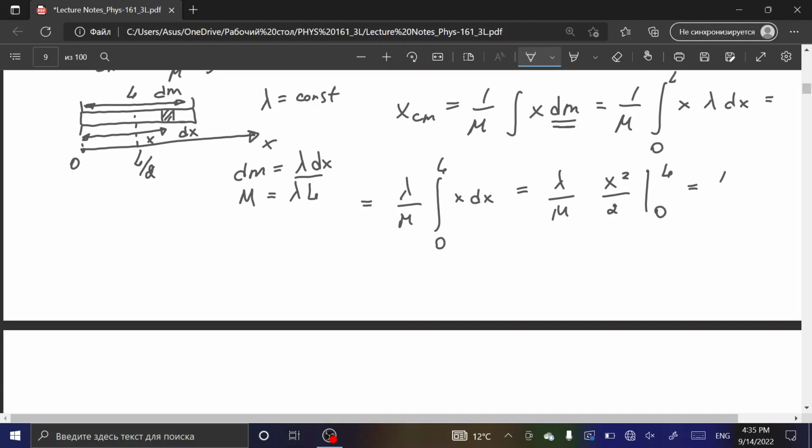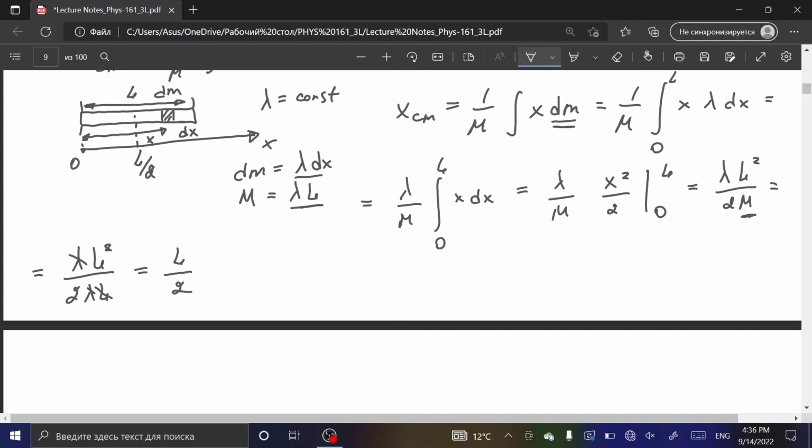And eventually here we get lambda times L square divided by 2 capital M. Now we want to substitute, instead of the total mass of the rod, its expression in terms of lambda and L. So if we do this, it will be lambda times L square over 2 times lambda L. We cancel out lambda, cancel out L in the denominator and square in the numerator, and we end up with L over 2.